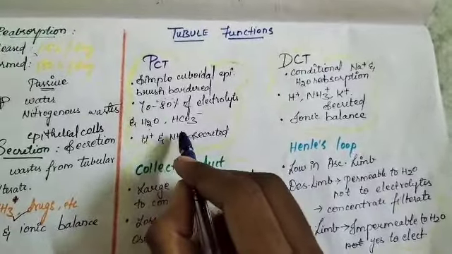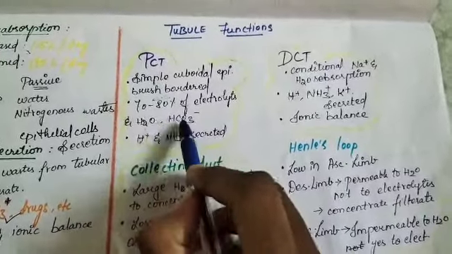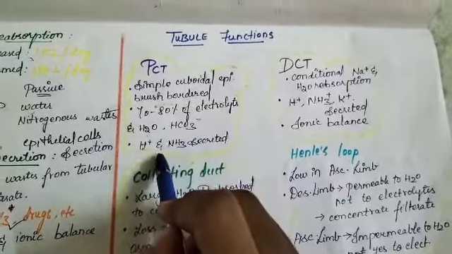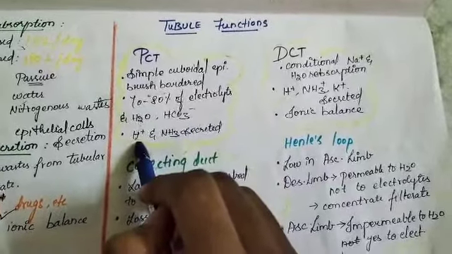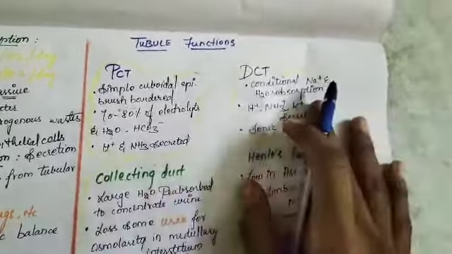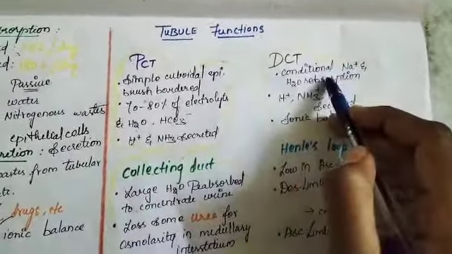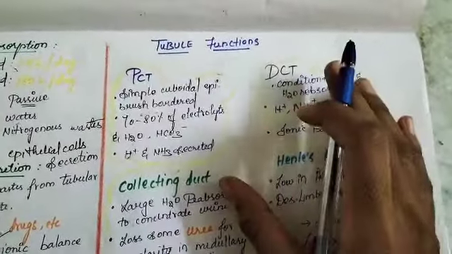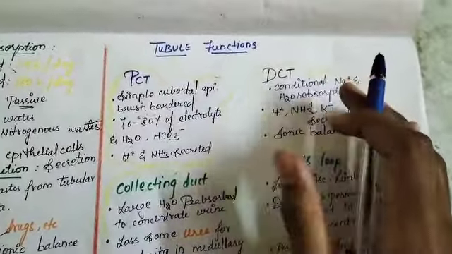Next, the distal convoluted tubule is specialized for sodium ion and water reabsorption. In turn they secrete hydrogen, ammonia and potassium ions.